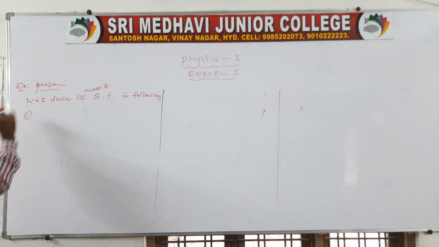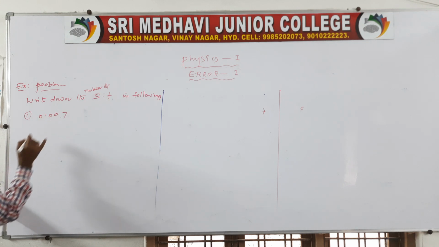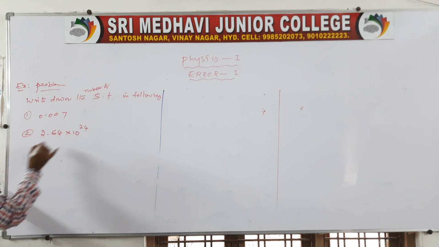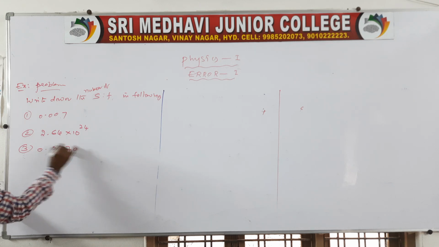The first one given is 0.007. Second is 2.64 into 10 power 24. Third is 0.2370.